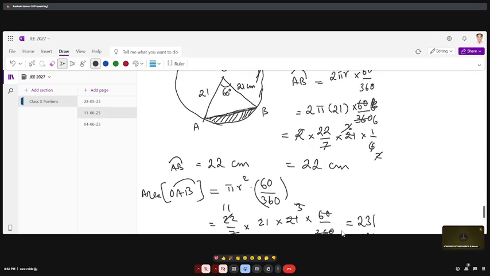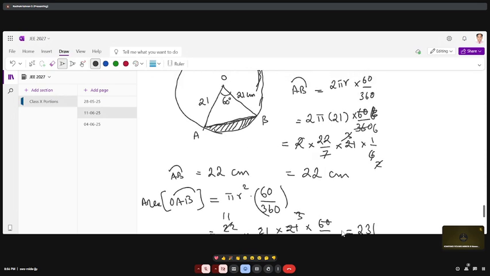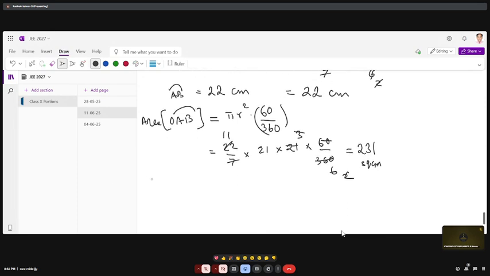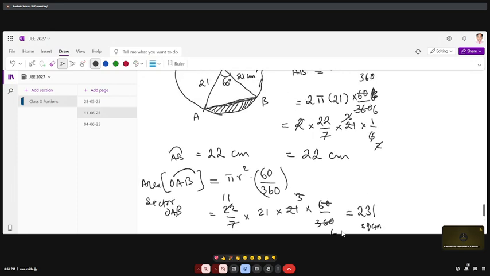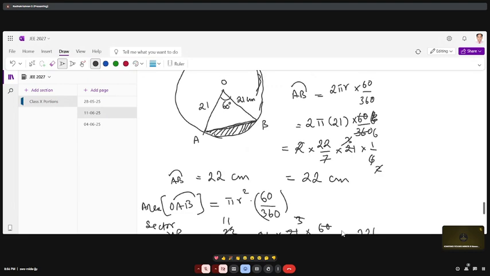And what is the area of the triangle OAB? Look at this triangle. It has got two sides and an intermediate angle is given. 21, 21. Intermediate angle is 60. What is the area of the triangle?